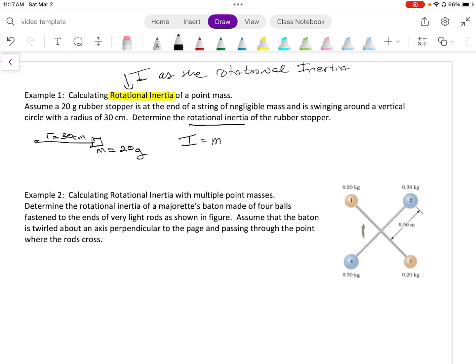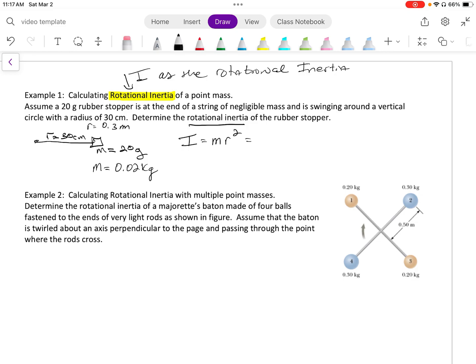It is going to equal mass times r squared. We need to convert the mass to kilograms, so I need to divide by 1,000, so that'll be 0.02 kilograms. We need to convert the radius to meters, so the radius in meters, I need to divide by 100, will be 0.3 meters.